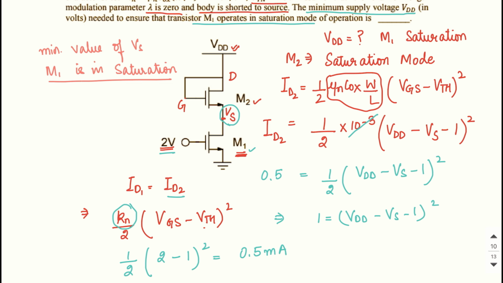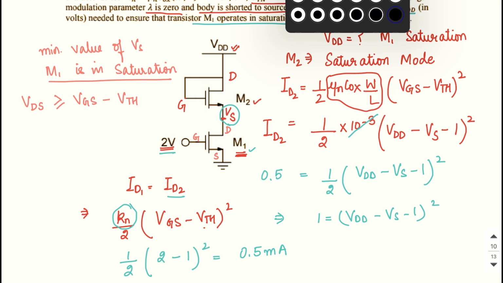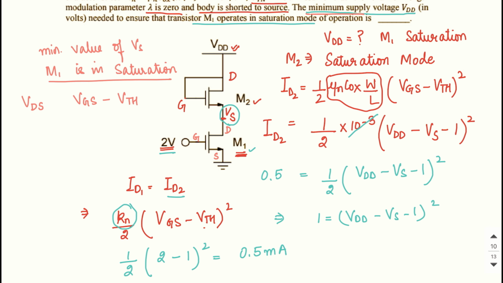For the M1 transistor, this Vs is actually the drain potential. This is the gate and that's the source. The condition to keep an NMOS in saturation is that the VDS needs to be greater than or equal to VGS minus VTH. But when we are talking about the minimum requirement, we will just assume this to be equal. So the minimum requirement for this is to be at least equal.